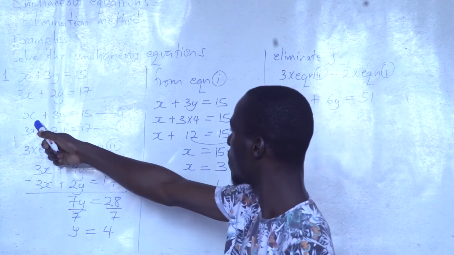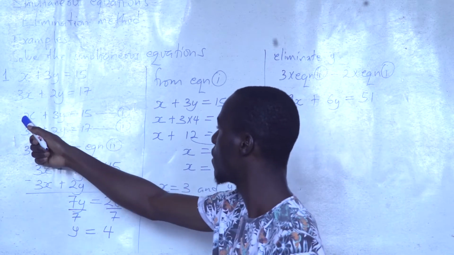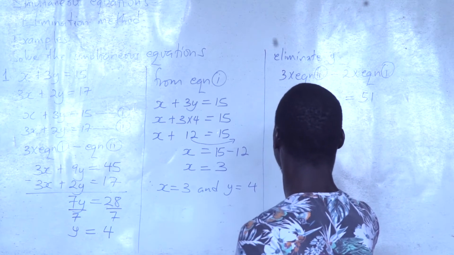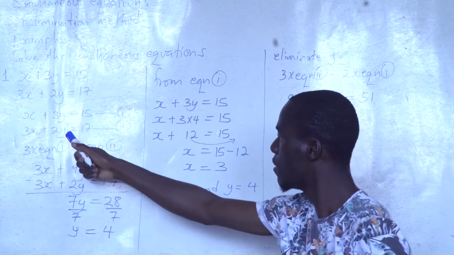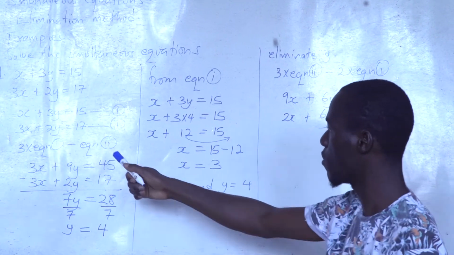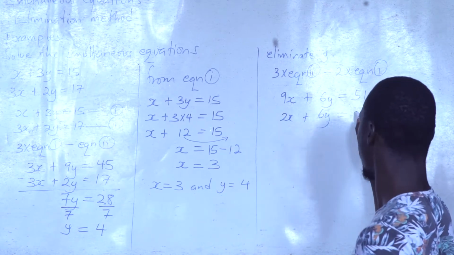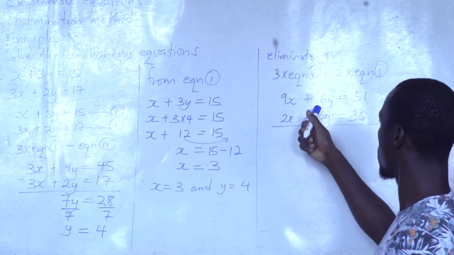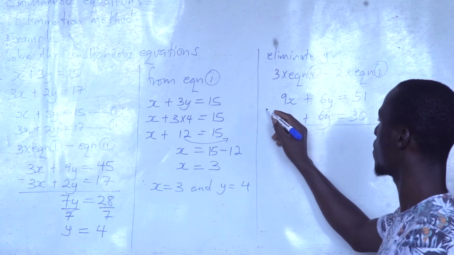Then I multiply equation 1 by a 2. So when I multiply there, that is 2x plus 6y, and 2 times 15, using my calculator, becomes 30. And because the signs are the same, I'm going to subtract.